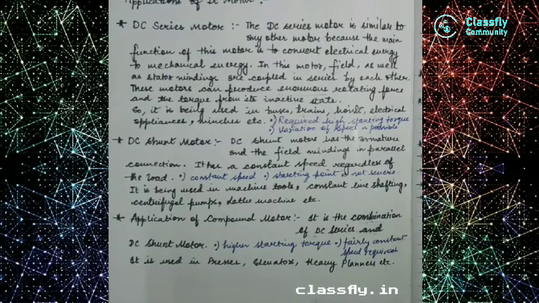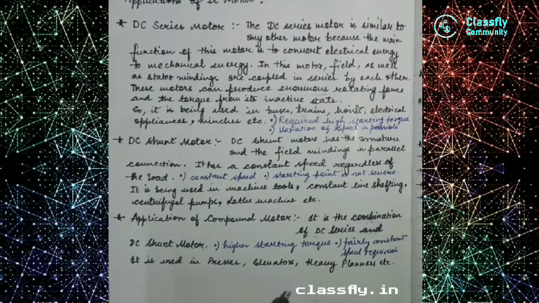As in series we had the field and the stator windings in series, in the shunt we have the field windings and the armature in parallel connection. If you haven't watched the types of motor and its characteristics, you must watch that video first and then come to this application of DC motor. Then you will have full clarity on this topic.